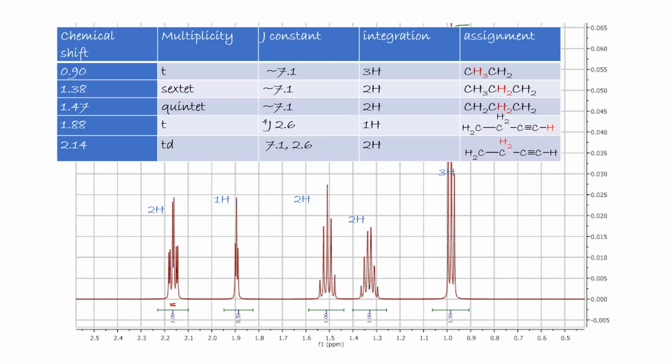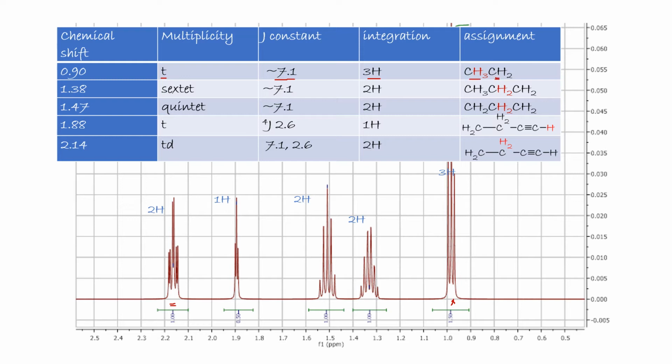We can summarize that at 0.90 we have a triplet, J constant around 7.1 hertz, for 3 protons. This means that we have CH3 adjacent to CH2.